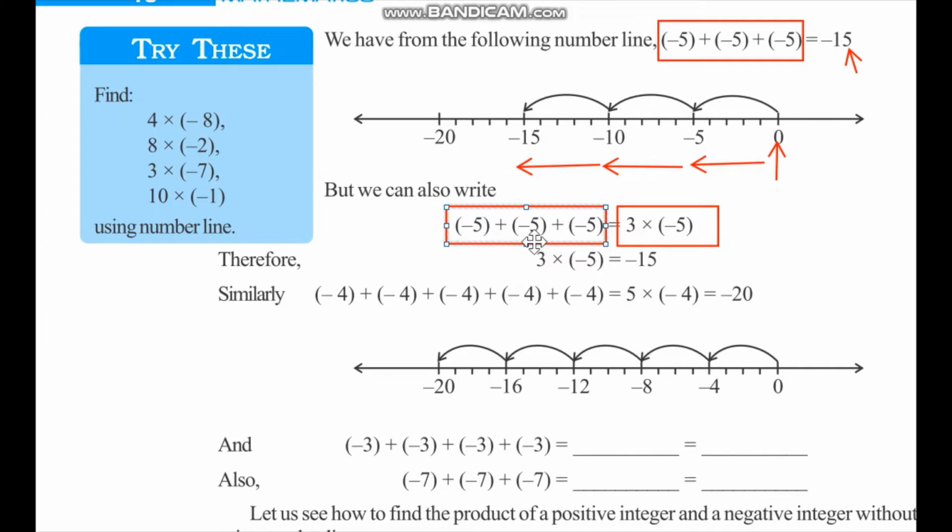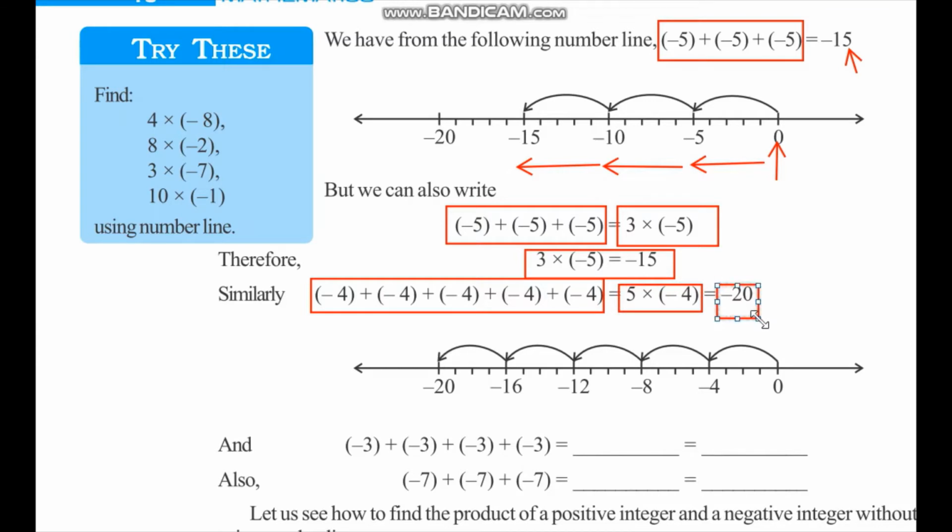Therefore, the multiplication of this negative integer can be viewed as repeated addition of minus 5. Similarly, we have minus 4 here and it is repeated 5 times. We get minus 4 repeated 5 times, that is 5 minus 4s are minus 20.